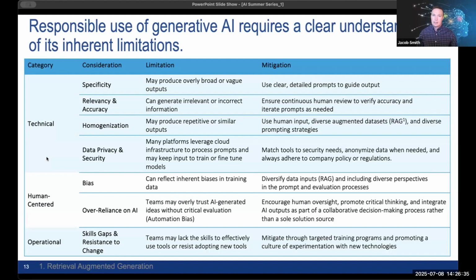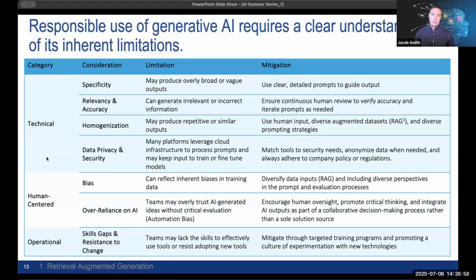On the human-centered side, I think a couple of the key points here are really related to biases. So these models were trained on the internet. Most of the content on the internet was written by individuals that have significant bias, and that bias is reflected in the way that the model found patterns in the data.